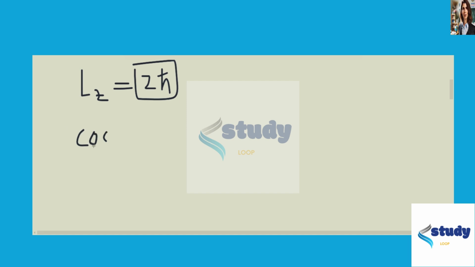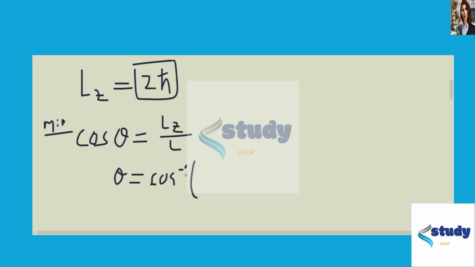So we'll call one the min: cosine theta is equal to L sub z over L. Therefore, theta is equal to inverse cosine of L sub z over L. The value L sub z is 2 h bar, and L is root 6 h bar, right?